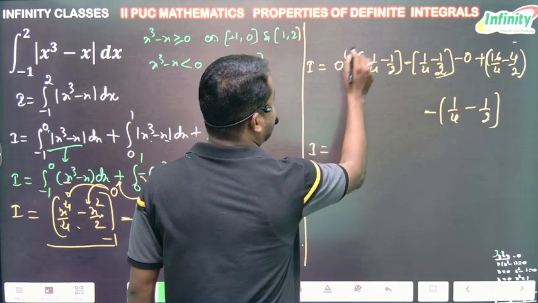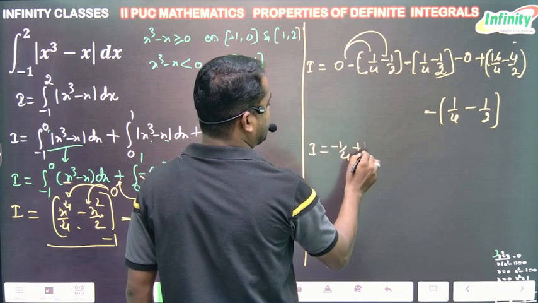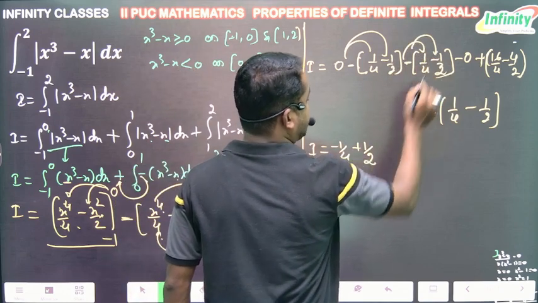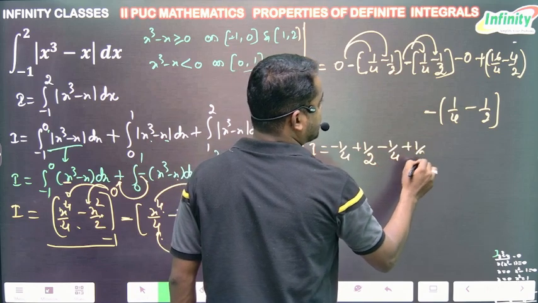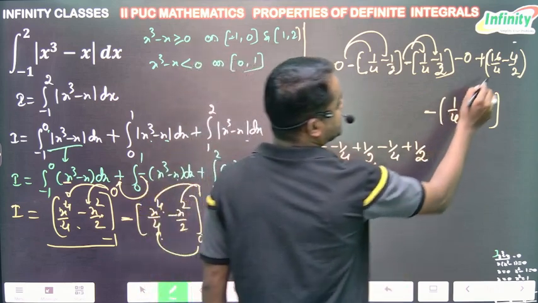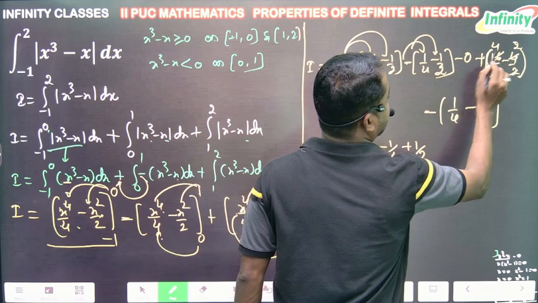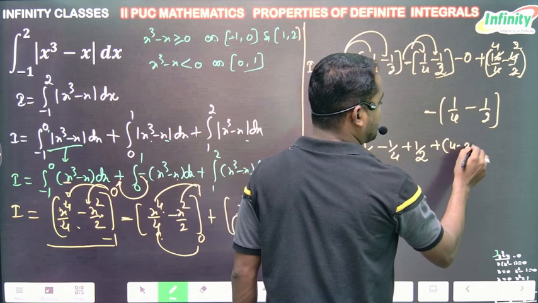Now I is equal to, leave this 0. This is what? Minus 1 by 4, minus into minus plus 1 by 2. Minus 1 by 4 plus 1 by 2. Now again minus 1 by 4, minus into minus plus 1 by 2. Minus 1 by 4 plus 1 by 2. This 16 by 4 is 4, and 4 by 2 is 2, that is plus 4 minus 2.